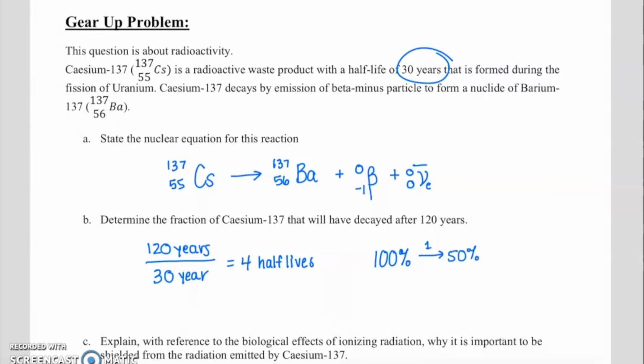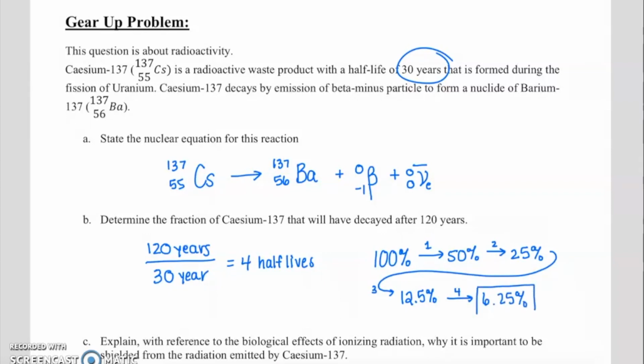After the second half-life, I'm at 25%. After the third half-life, I'm at 12.5%. And after my fourth half-life, I'm at 6.25%. So whatever that initial amount of radioactivity that I had, I am now down to just 6.25% after 4 half-lives.